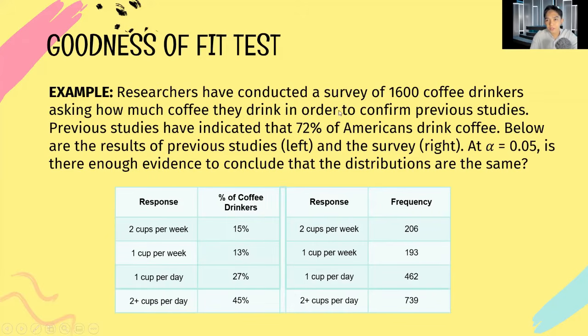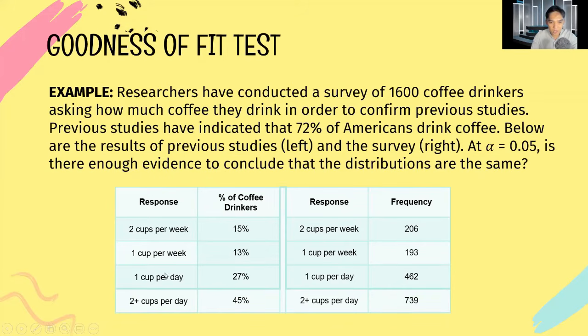Researchers have conducted a survey of 1,600 coffee drinkers, asking how much coffee they drink in order to confirm previous studies. Previous studies have indicated that 72% of Americans drink coffee. Below are the results of previous studies.